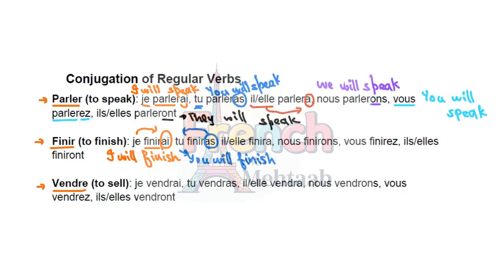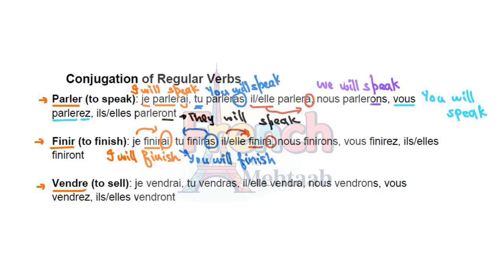Now, if you want to say that he will finish or she will finish, then we take the verb and simply add -a at the end as our subject is il or elle. So, il finira means he will finish. Répétez. Il finira. Elle finira.